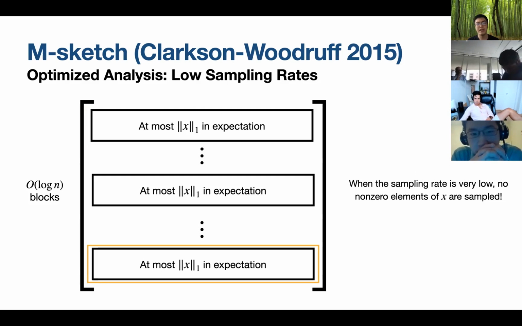Similarly, for lower sampling rates, suppose my m is around square root n, but my sampling rate is all the way at the bottom, 1/n. In this case, I don't even sample any of my non-zero elements, so the contribution is 0, even though it has a very large contribution in expectation.